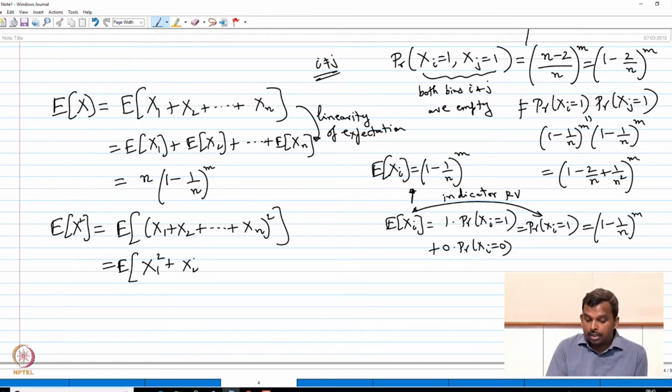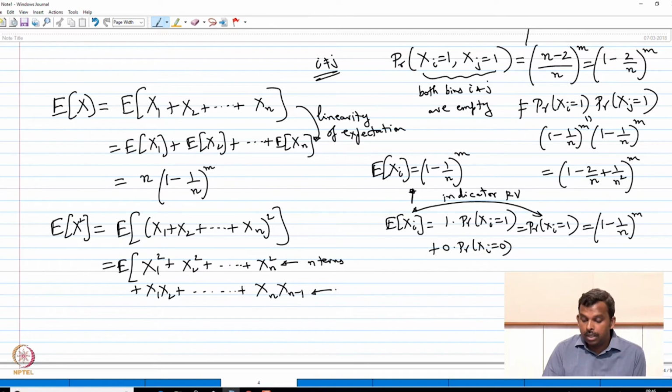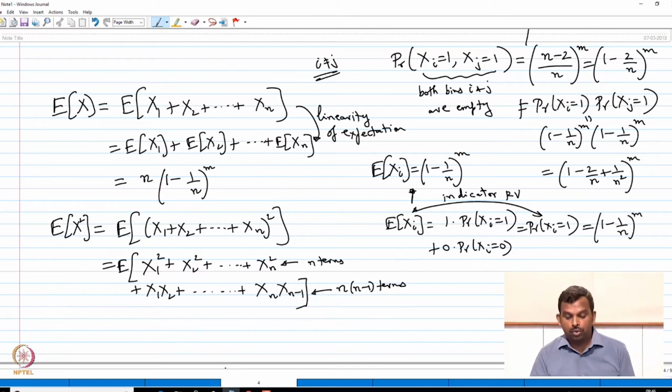We have x1 squared plus x2 squared plus so on till xn squared, plus x1 x2 plus so on till, as you saw before, xn minus 1 xn. See, there'll be n terms here. There will be n times n minus 1 terms here. Hopefully you see that. This is the same thing as what I did before, exact same simplification. So now we use linearity of expectation.